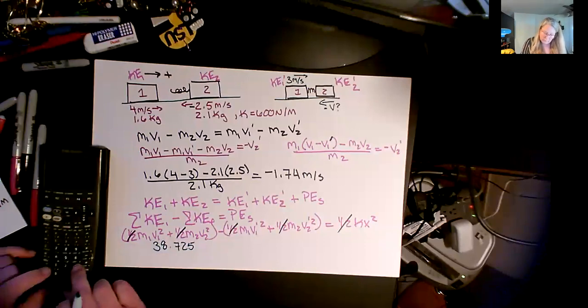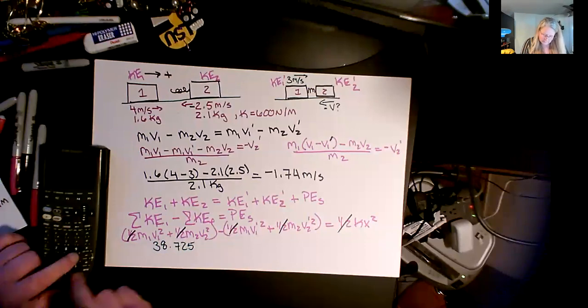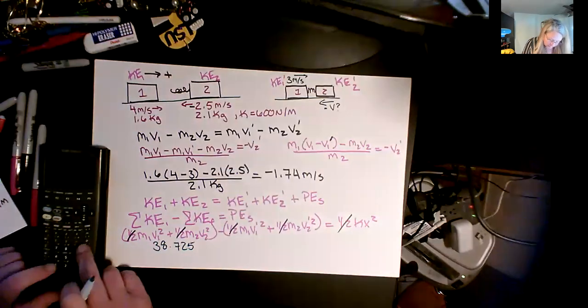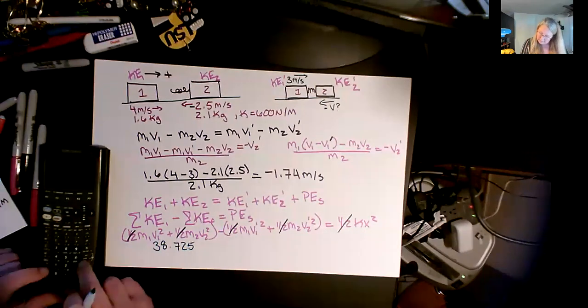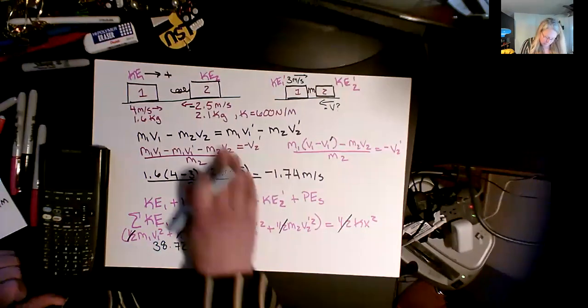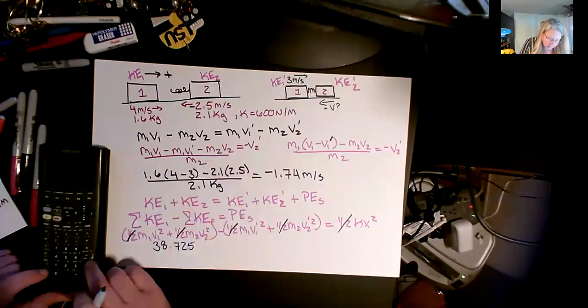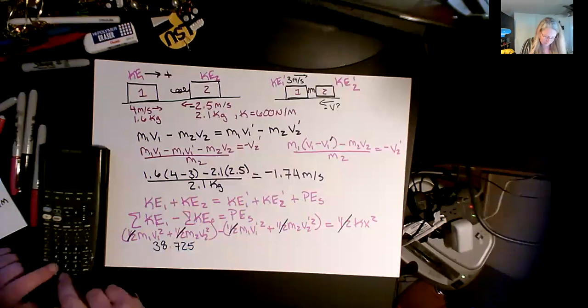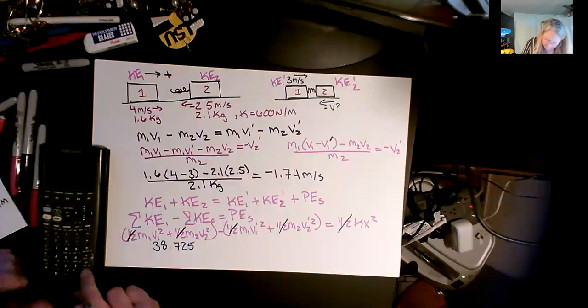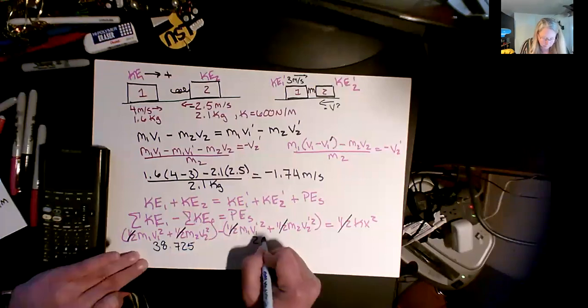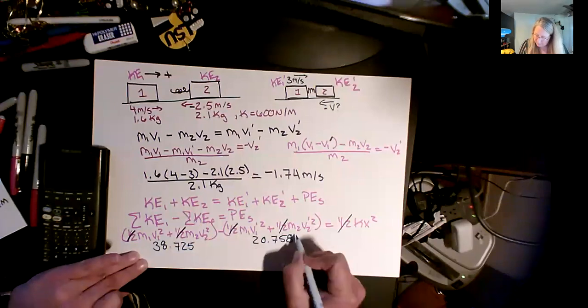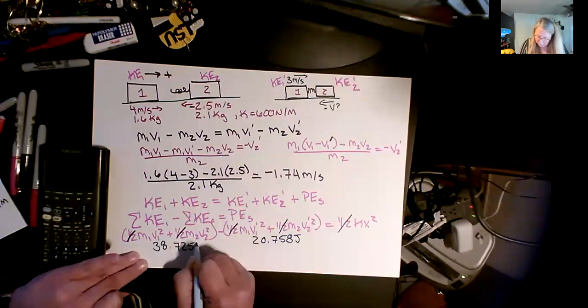So mass 1, 1.6 times 9 times 9 plus the 2.1 times 1.74 squared. And that gives me 20.758. Let's see, what are these units? This would be in units of joules for both.